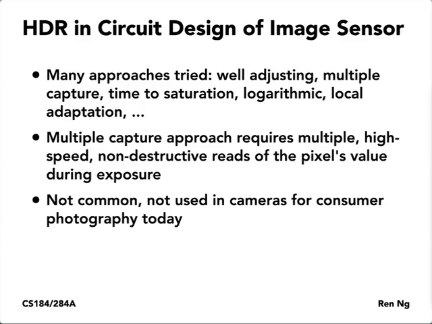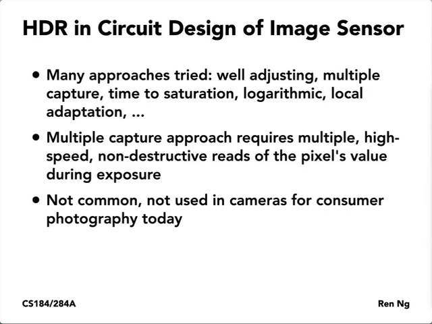You could measure the time to saturation for every pixel by sampling in time very rapidly within the circuitry of the sensor pixels themselves. You could have pixels that fill up their photon well depth logarithmically instead of linearly. You could try to design it to have that property. You could have local adaptation on the image sensor surface so that if it's brighter in some areas, those areas fill up more slowly as it notes that's happening.